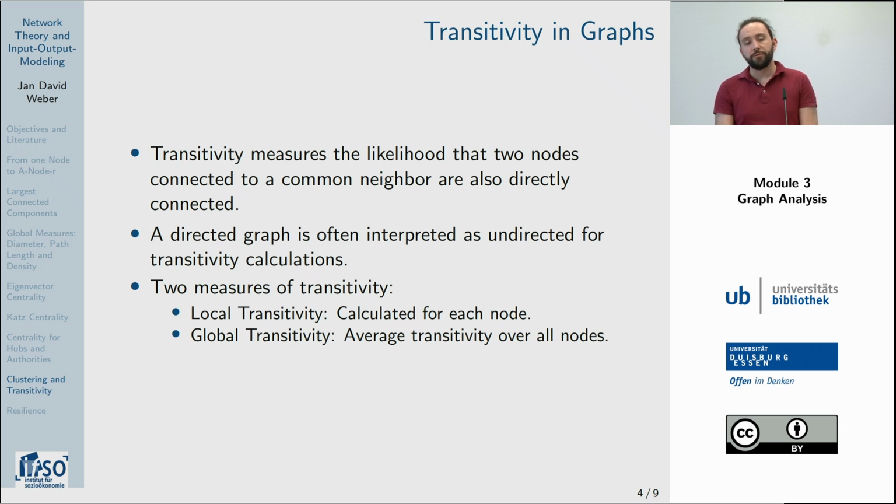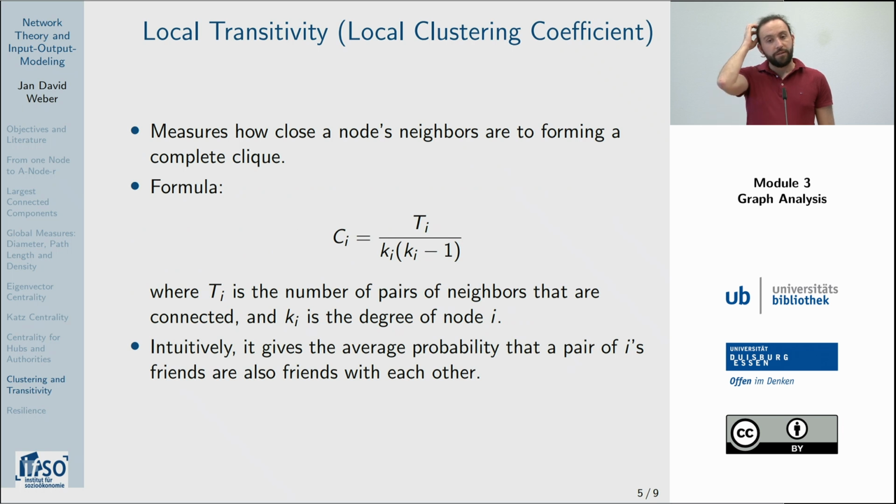And we have to differ between two different kinds of transitivity here. On one hand, we have the local transitivity. We calculate the transitivity for each specific node, and we have the global transitivity aspect where we look at the average transitivity over all nodes. For the local transitivity, also called LCC, the local clustering coefficient, we measure how close a node's neighbors are to forming a complete clique.